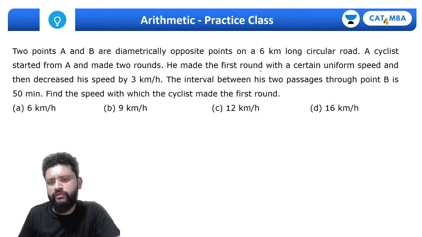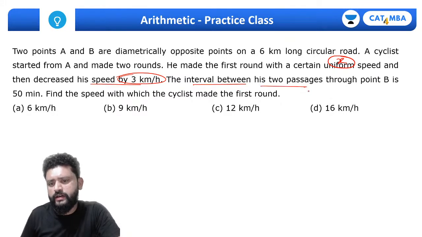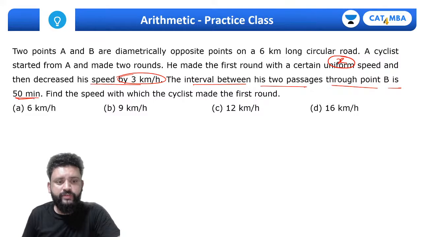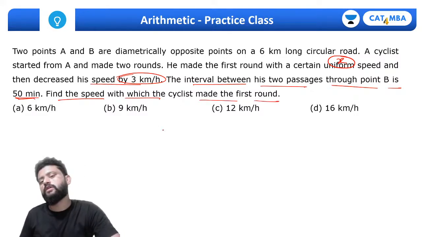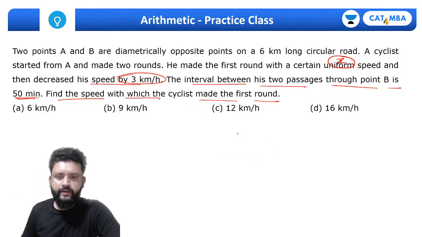He made the first round with a certain speed, we don't know the speed, and then decreased his speed by 3 km per hour. The interval between 2 passes through B is 50 minutes. Find the speed with which the cyclist made the first round. Think about it, a bit logical question but not tough at all.